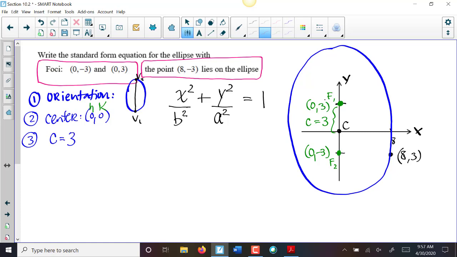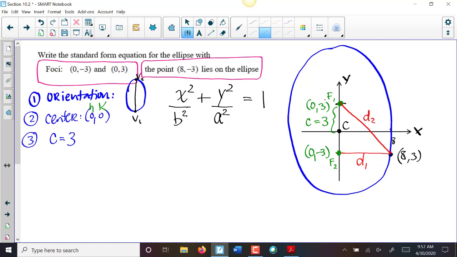Now, here's where it comes in. The definition. We said the definition of an ellipse is that every point on the ellipse, if we calculate the distance from that point to each of the focus points, so if I calculate this distance here, I'll call that D1, and the distance from the other focus point to that point, I'll call that D2.